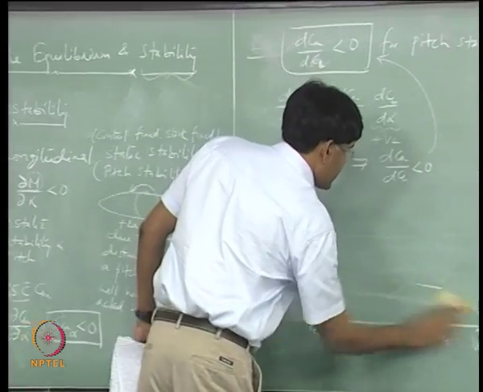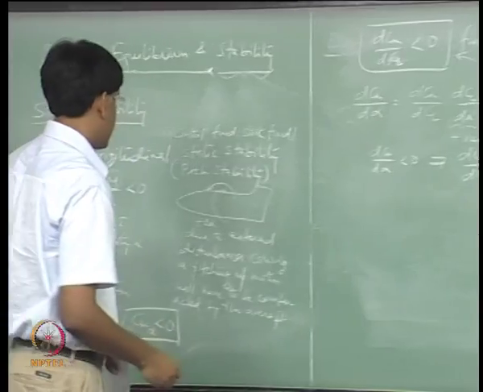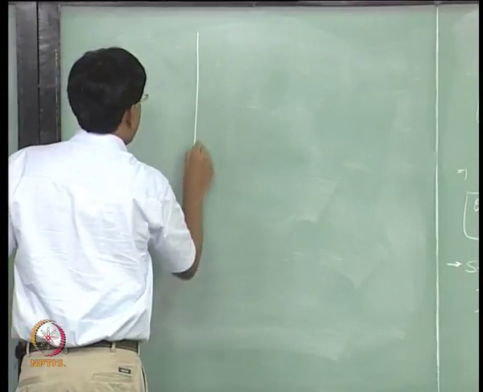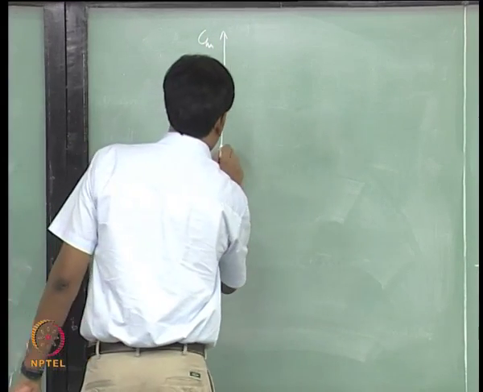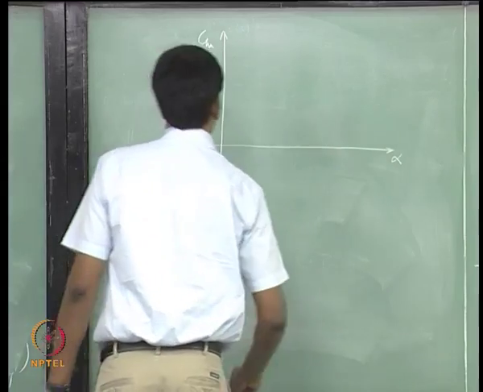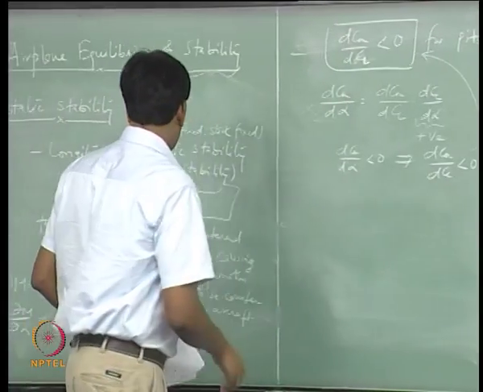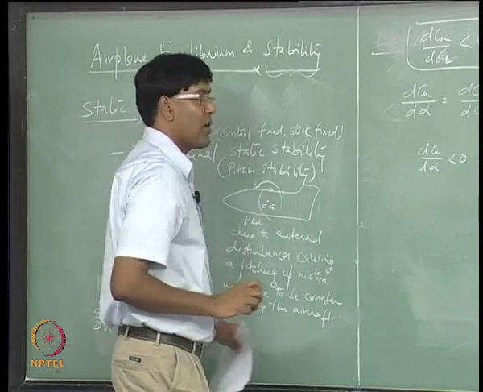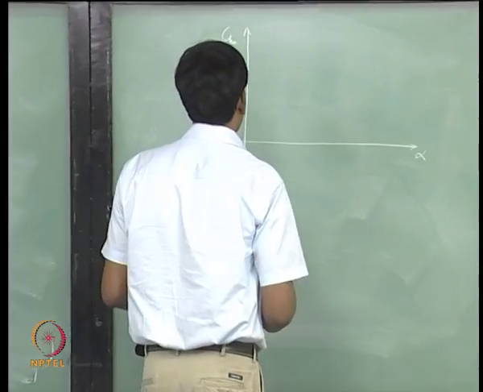okay. So, let us look at this graphically. Let us plot Cm versus Cl. Remember, all the moments are about the center of gravity of the airplane.